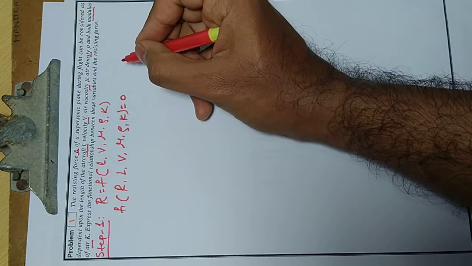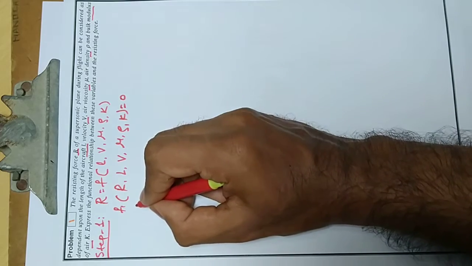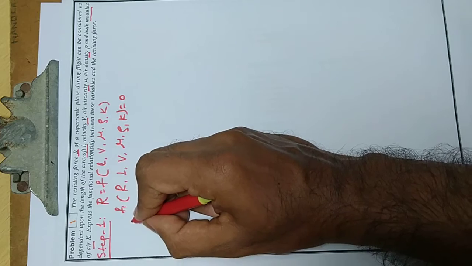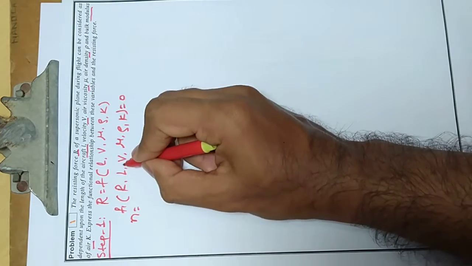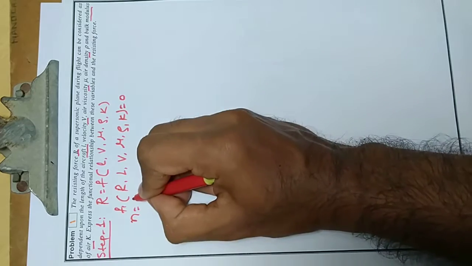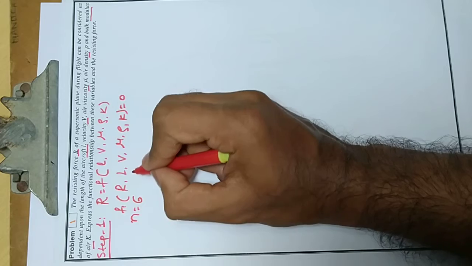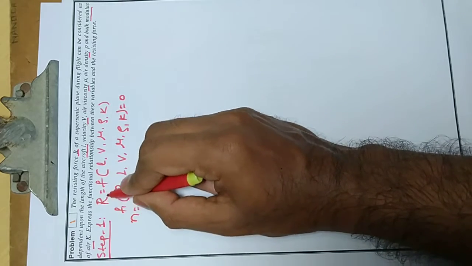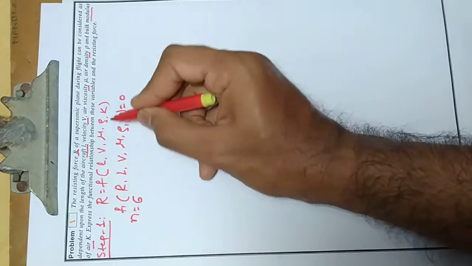Now tell me, how many total variables are there? n is the total number of variables: 1, 2, 3, 4, 5, 6. So n is 6, both independent and dependent variables. This is the dependent variable; R depends on these independent variables.